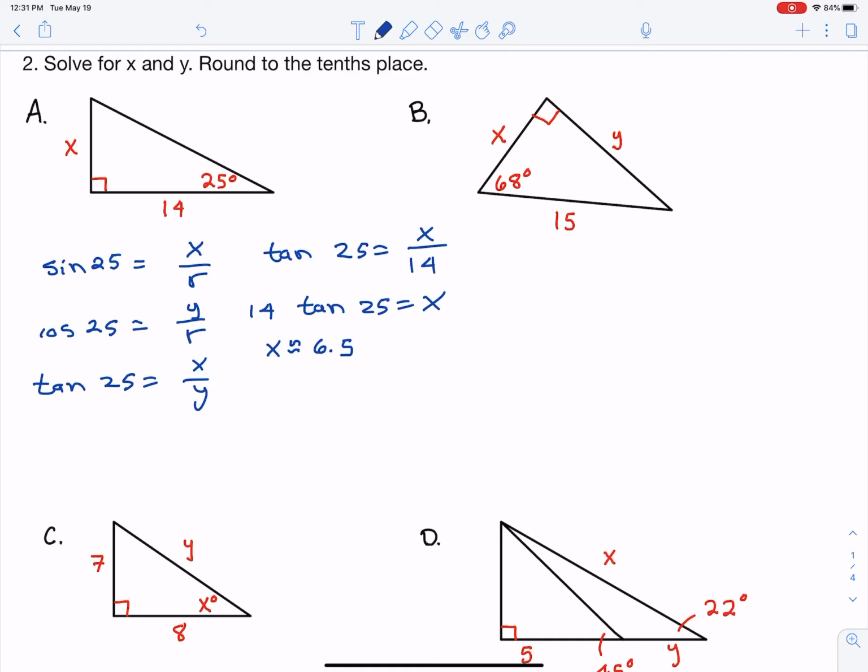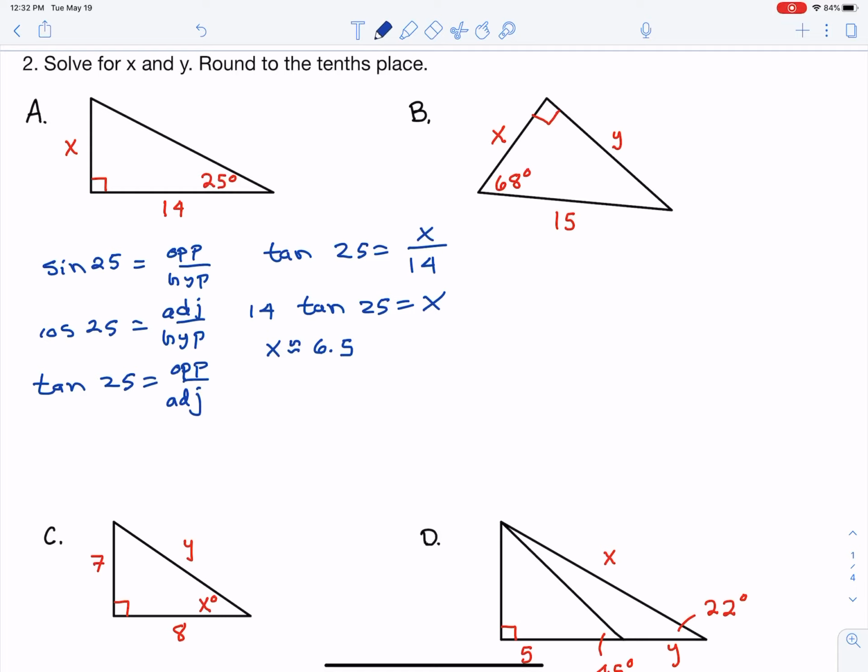So in this case, actually, I'm going to make that a little clearer here. So opposite, hypotenuse, adjacent, hypotenuse, opposite, adjacent. Okay, just for our reference here. Okay, so let's see. 68, so for this one, we want to find x and y.